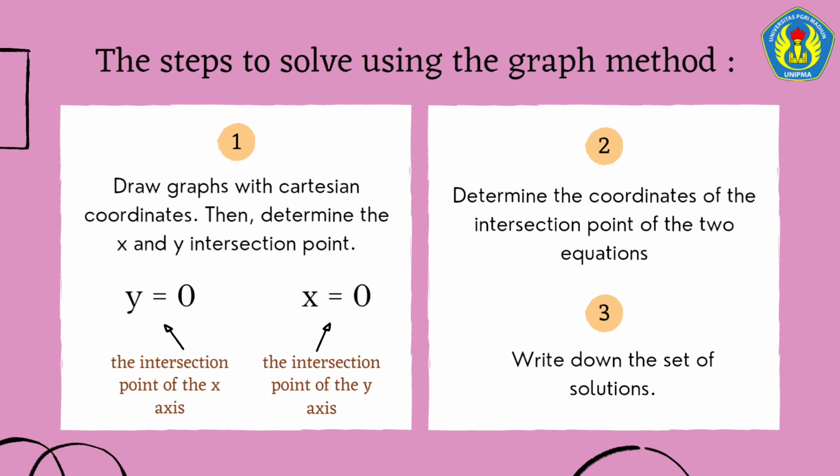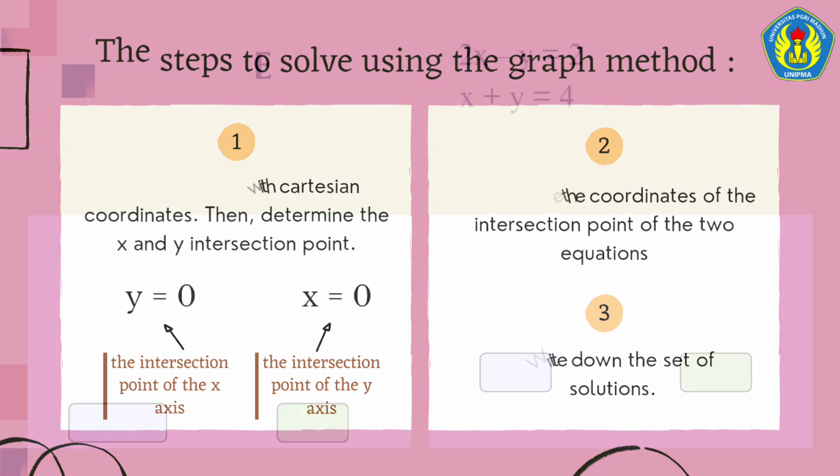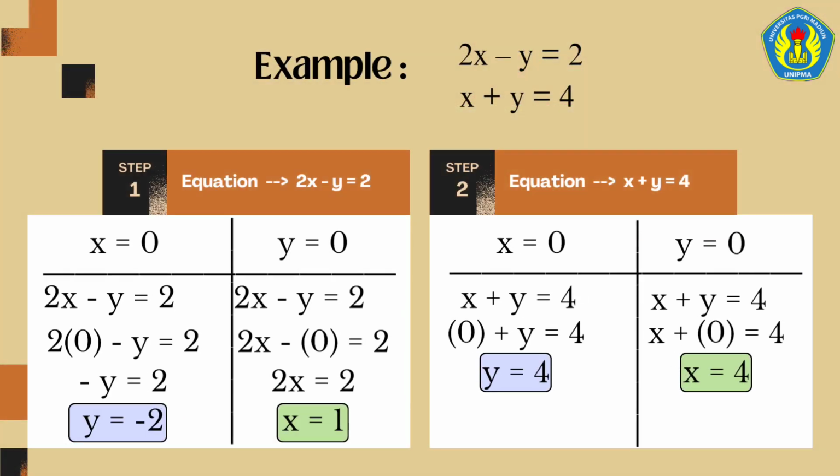Second step, determine the coordinates of the intersection point of the two equations. Then write down the set of solutions. For example, determine the set of solutions below using the graph method.